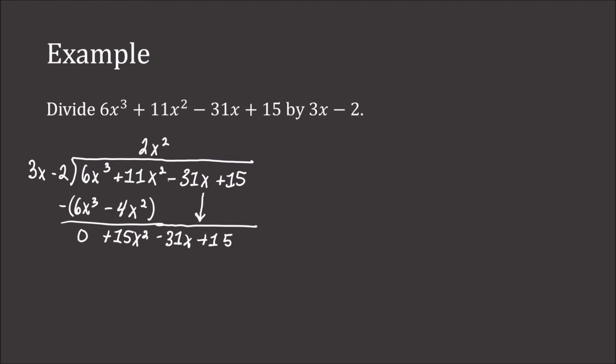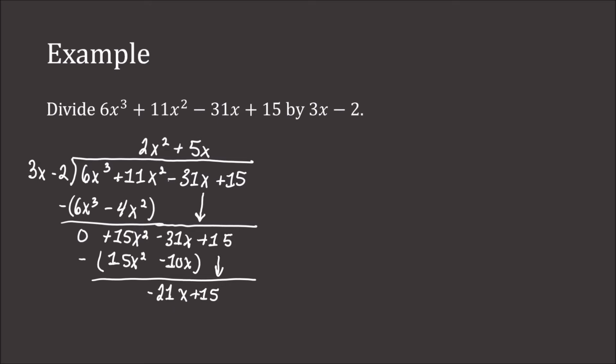15x squared divided by 3x is plus 5x. So we have 15x squared minus 10x. And we want to subtract this. 15x squared minus 15x squared, that's 0. And we're left with negative 21x. And then we just carry down this plus 15.